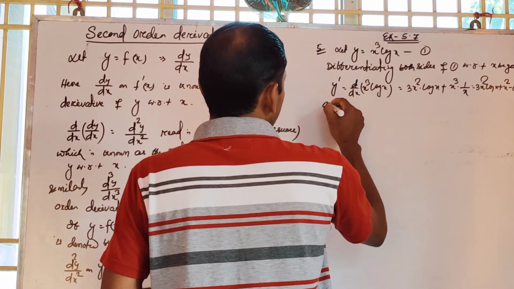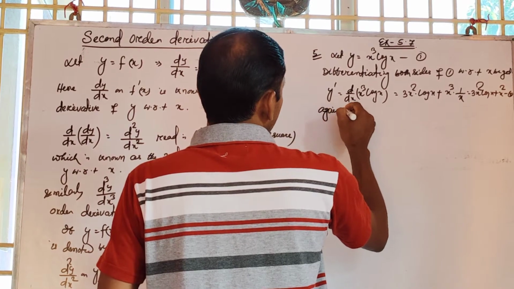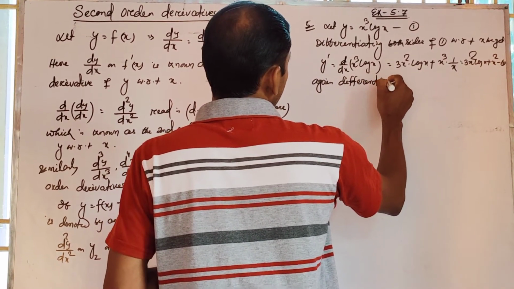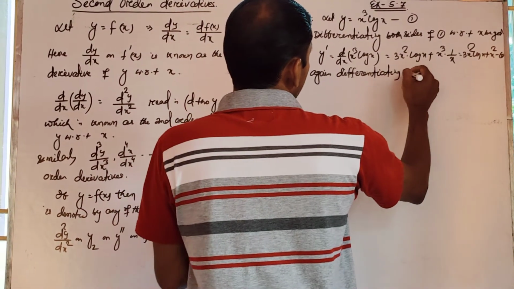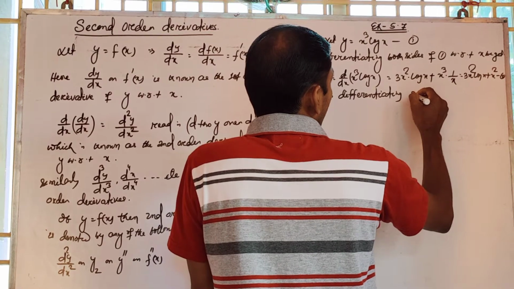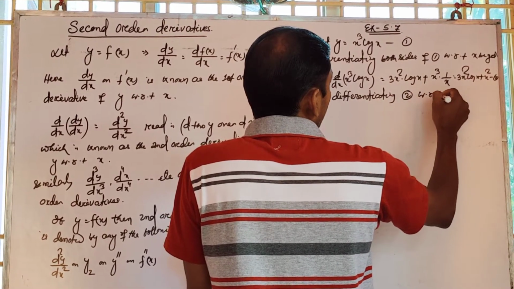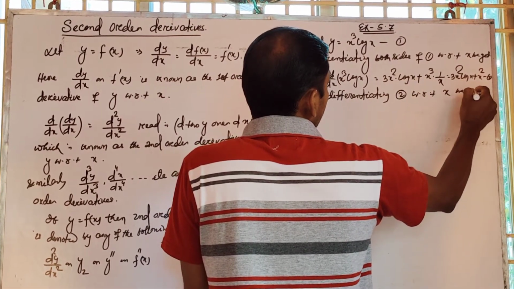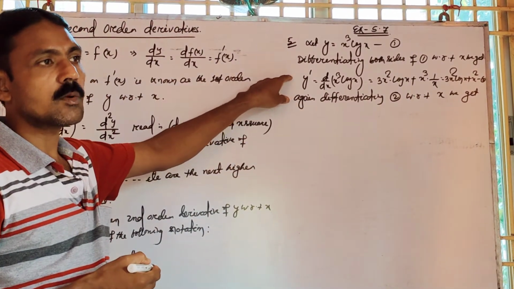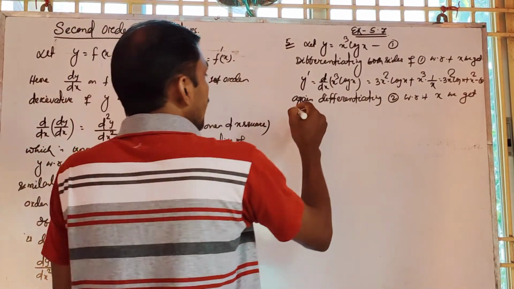Again, differentiating 2 with respect to x, we get on the left hand side the first order derivative, so we will differentiate it to get the second order.